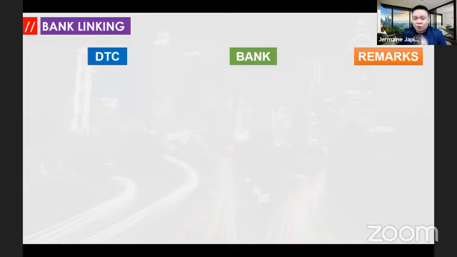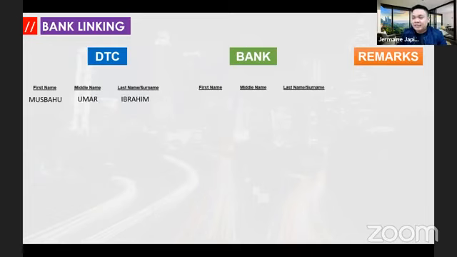So, if your bank name and your DTC name match, no errors, no mistakes, no missing names, no missing letters, that bank account is subject for bank linking. I repeat, if the first name in your DTC matches the first name in the bank, same with the middle name and last name, we are going to link that.